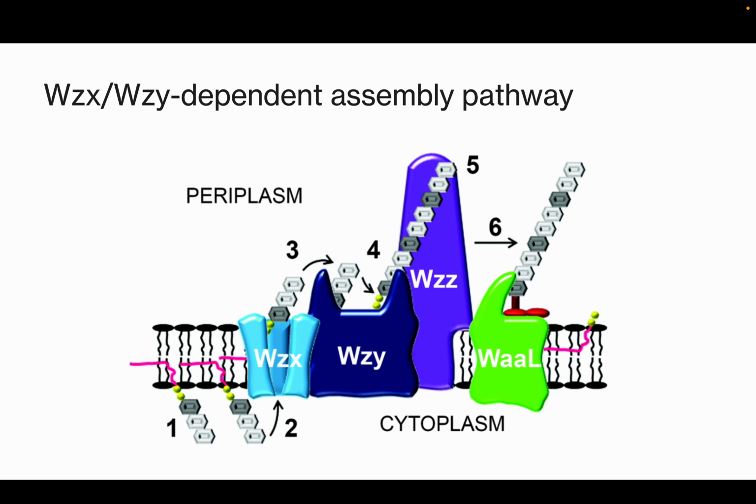WZY is the primary polymerase. It extends the sugar polymer. The copolymerase WZZ controls the final length of the sugar molecule, so more hexoses, sugar units, are added to the growing lipopolysaccharide.